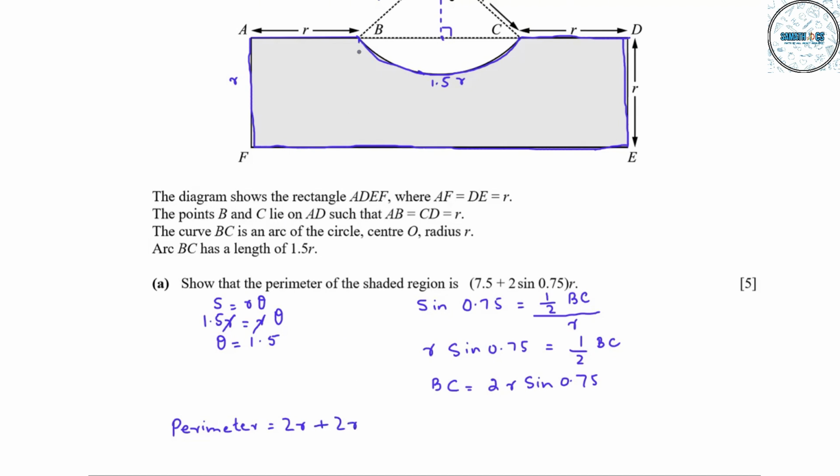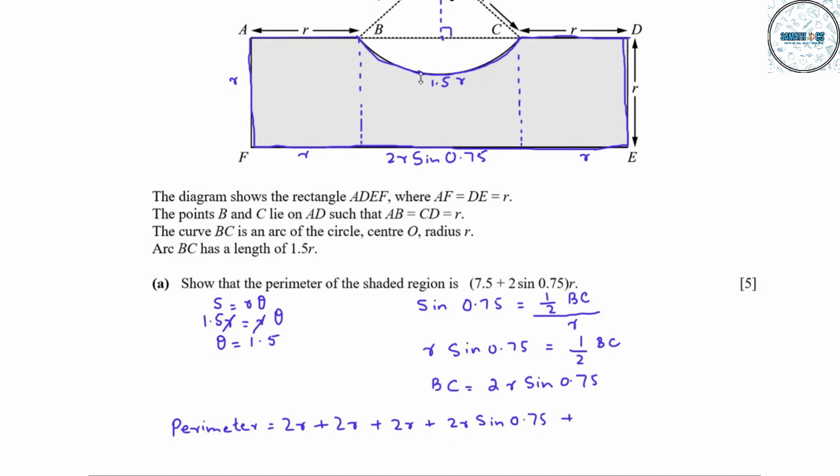From here till here, it is R, and this also R, and this is 2R sine 0.75. So this is 2R plus 2R sine 0.75.